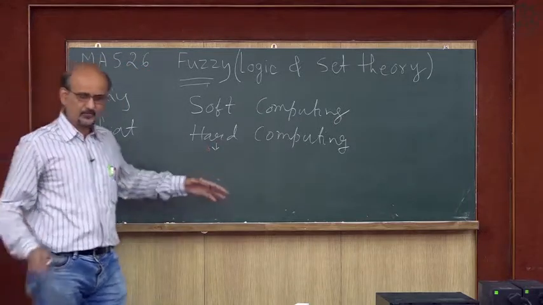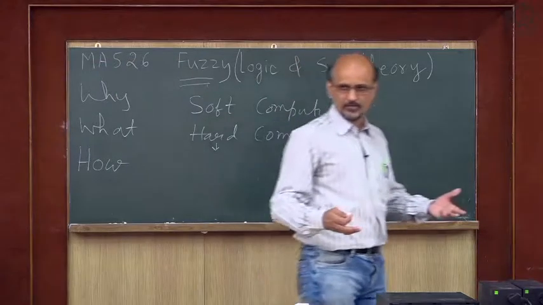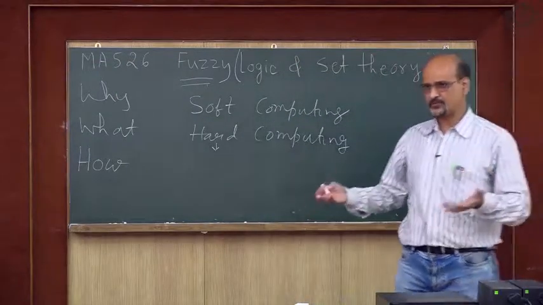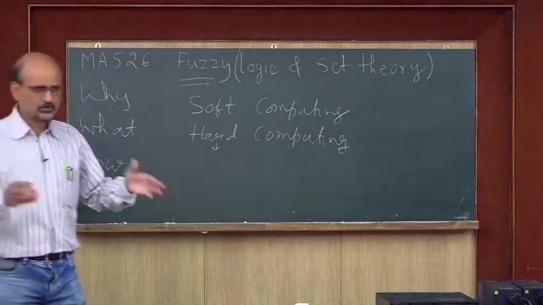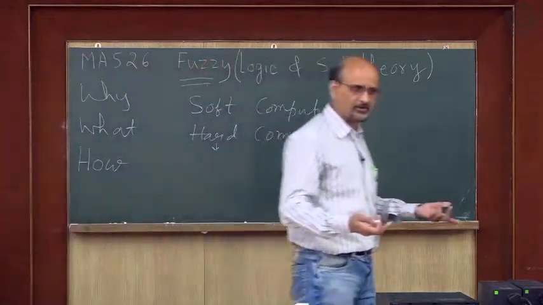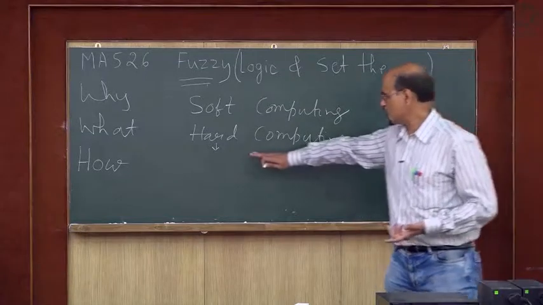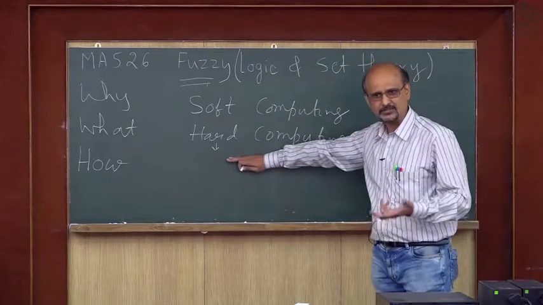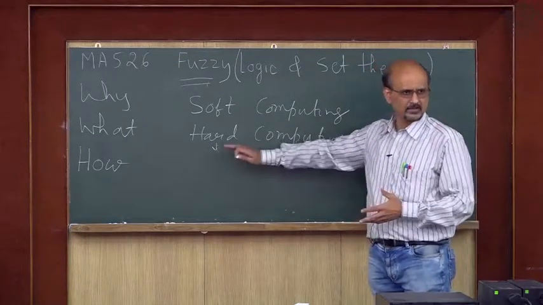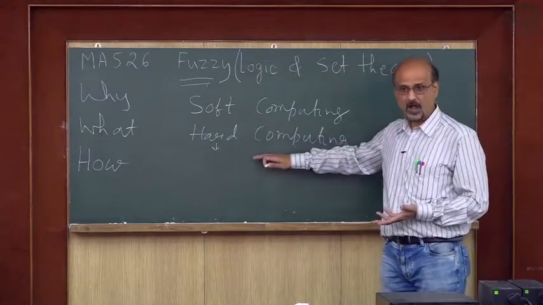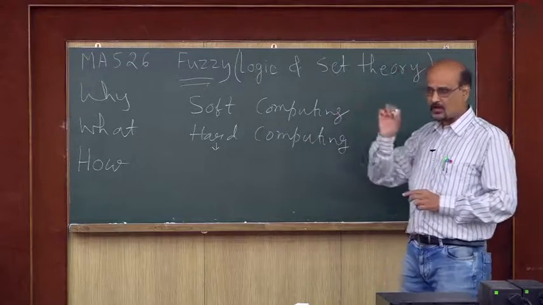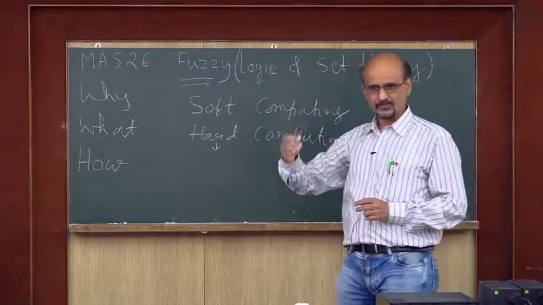Because if you want to write a program for any problem, suppose you want to solve a differential equation, an eigenvalue problem, a system of linear equations or nonlinear equations, you can very well write it in C, C++, MATLAB, BASIC, or any high level programming language. That is called hard computing, because there you are writing all the instructions one by one.